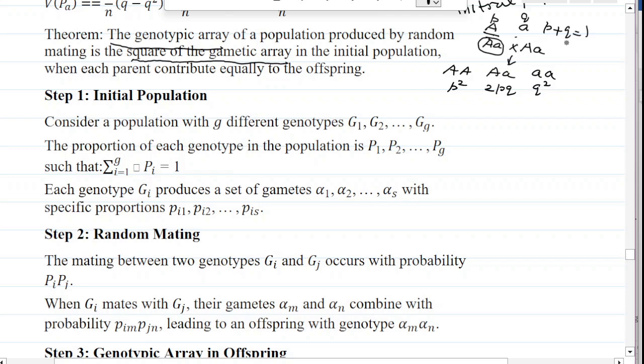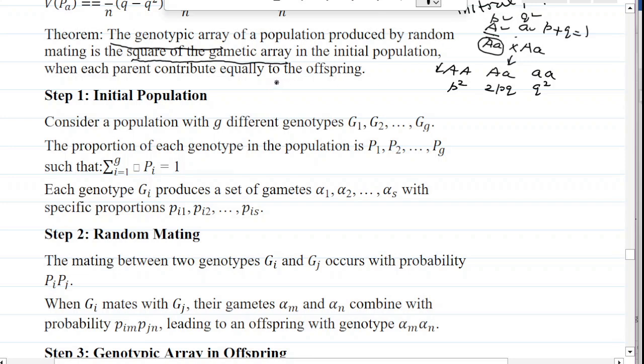So this is my initial population when the gene frequencies are p and q, and this is my population in the offspring, in which the initial population has only one type of individual with two alleles A and small a in proportion p and q.